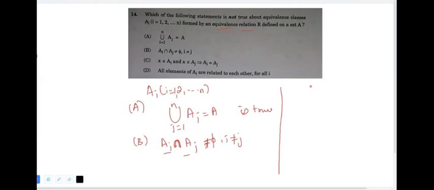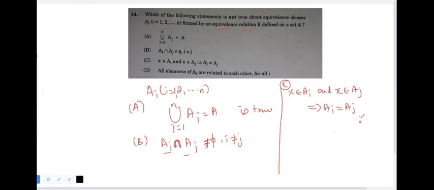Third one, option C: x belongs to Ai and x belongs to Aj implies Ai is equal to Aj, where any element belonging to one equivalence class belongs to all other equivalence classes, which is not possible.